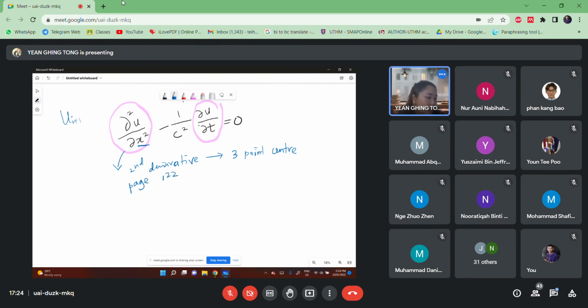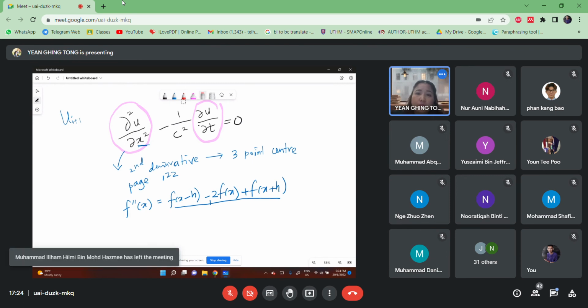122. Okay, so in page 122, the 3-point central difference looks like this. x plus, x minus h, divided by h square.